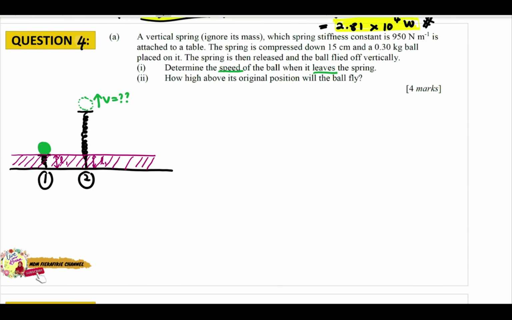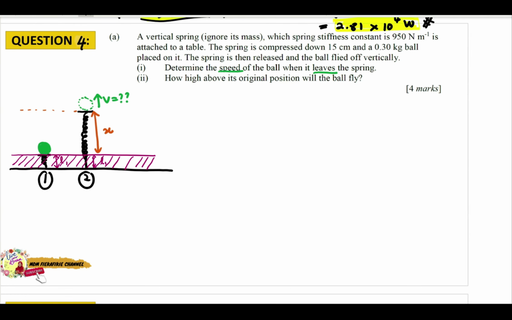And then, kita tengoklah the type of energy. Okay. Sebelum tu, you tengok dekat sini. Berapa pula panjang yang ini? Kalau daripada sini, tolak dia punya yang bawah tu, ini kita panggil dia punya compression lah. The length of the compression.